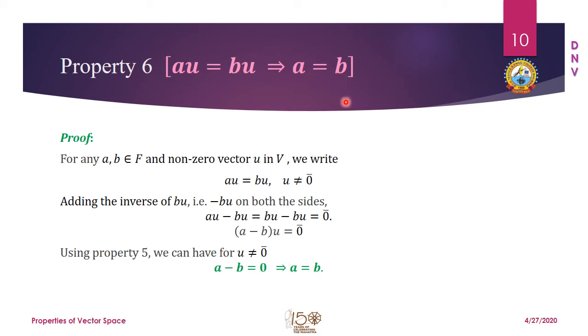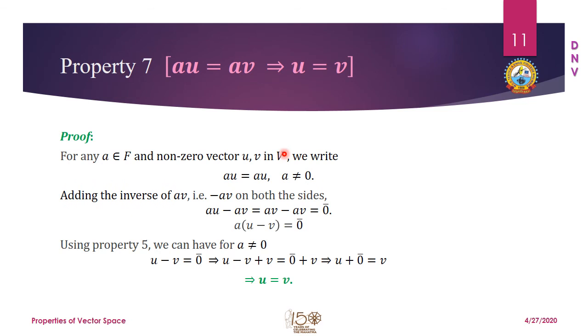The seventh and the last property we are going to consider is au equal to av, then u is equal to v. In this property, we have taken a as a common part on both the sides, whereas in the earlier property number 6 we had taken the vector parts in.